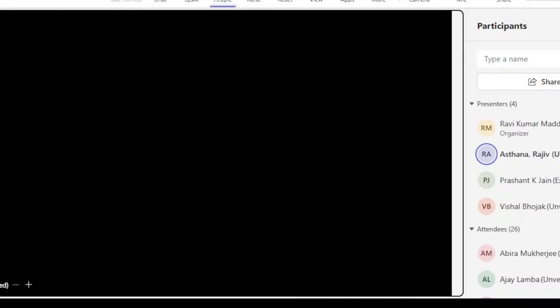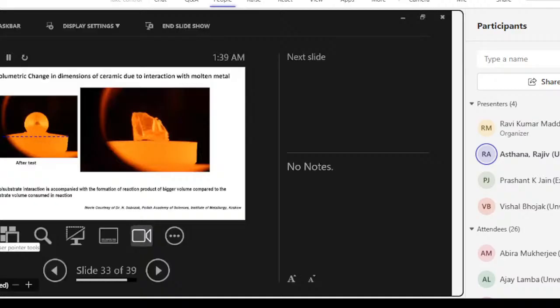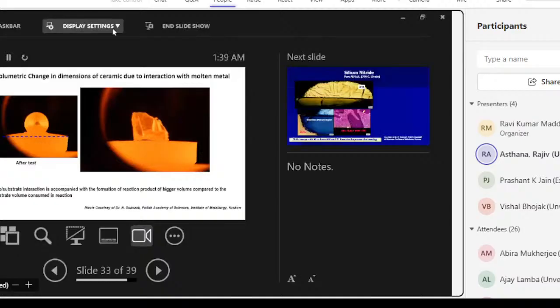So I'm pretty much close to the finish line for this particular topic here, even though it might be a bit early, so we can have discussion if there is a need. But this is an example of interaction between silicon nitride and aluminum, commercially pure aluminum.